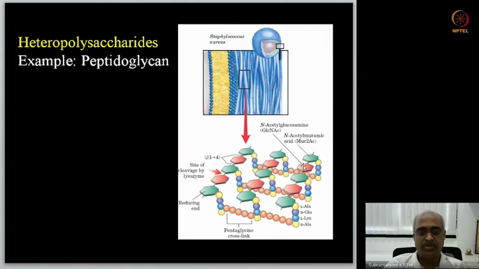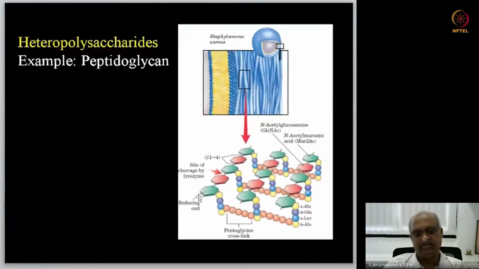So these 2 monomers alternate in these long chains, and multiples of these chains are held together by 4 amino acids attached to one of the carbons: alanine, glutamic acid, lysine, and alanine.